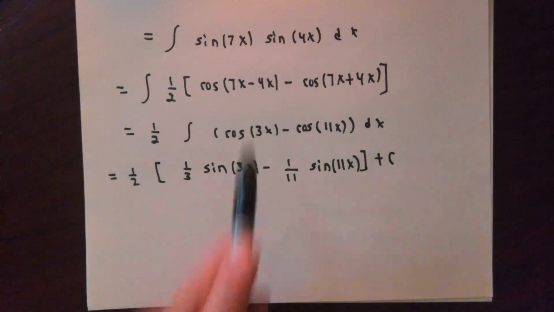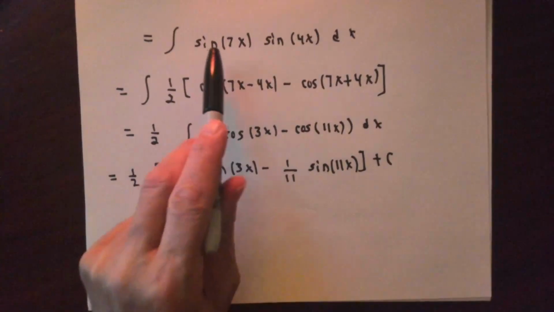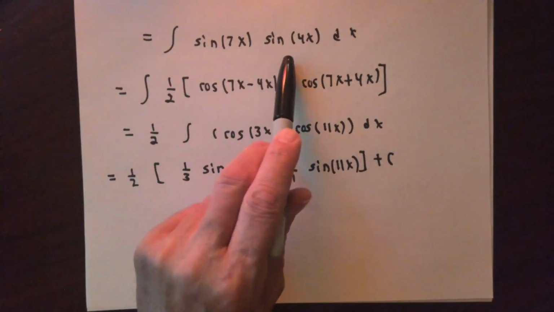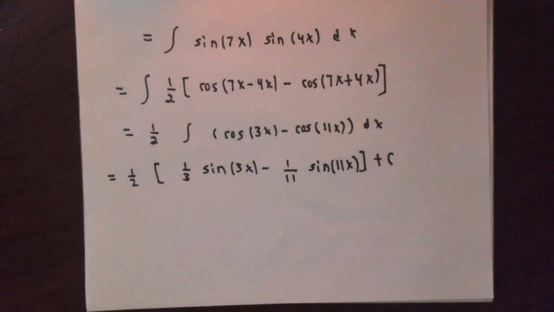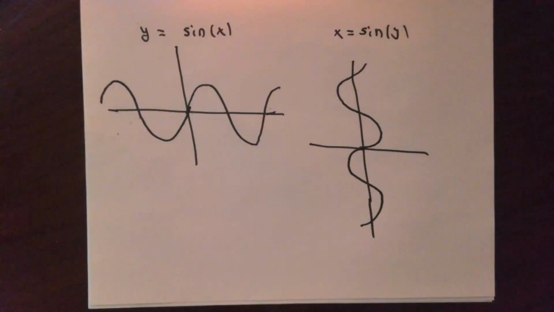If you had cosine times cosine, or sine times cosine, you could use one of those formulas to do basically the same thing. Lastly, in this short video, I want to talk a little bit about inverse trig functions, and in particular, certain formulations that we will see again very shortly.